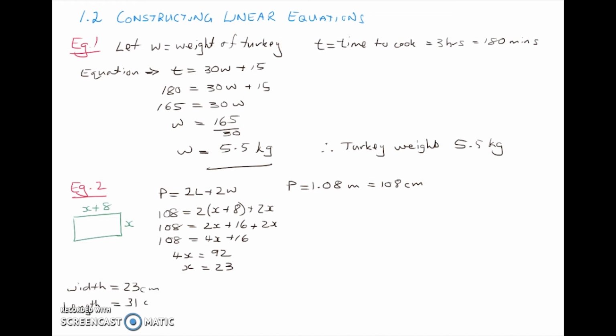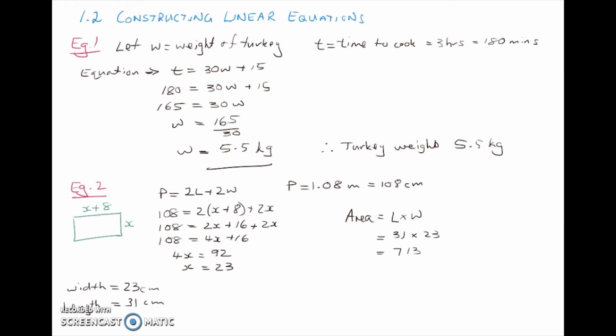Now the question says, find the area of the rectangle. We know that the area is equal to length times width. So we can write 31 times 23, do the calculation, and we get 713.